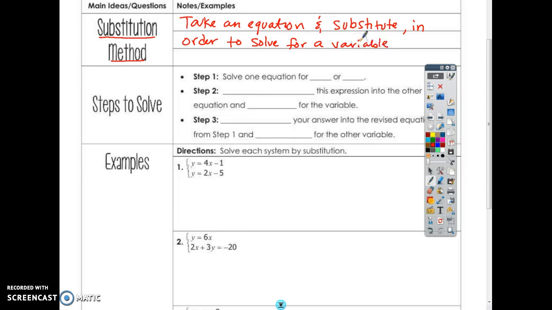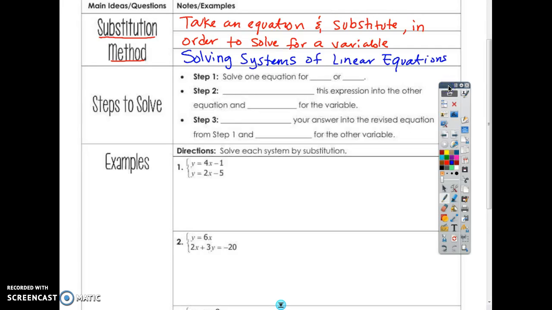Okay, and this substitution method helps with solving systems of linear equations.